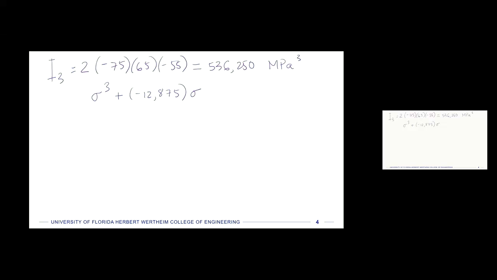And then our last term is plus, is it a plus? Nope, it's a minus, because that's the generalized equation. So then we had our 536,250 equals 0.